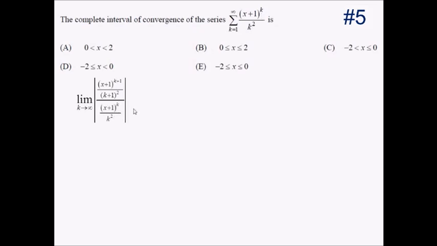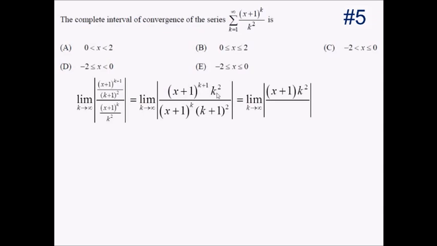Multiplying by the reciprocal, same change flip, we've got x plus 1 to the k plus 1 times k squared in the numerator now. And in the denominator, we have k plus 1 squared and x plus 1 to the k. Can't do anything with these k's and squares. However, we can reduce the x plus 1 to the k exponents by subtracting the exponents. So in the numerator, I just have x plus 1 to the first power and a k squared.